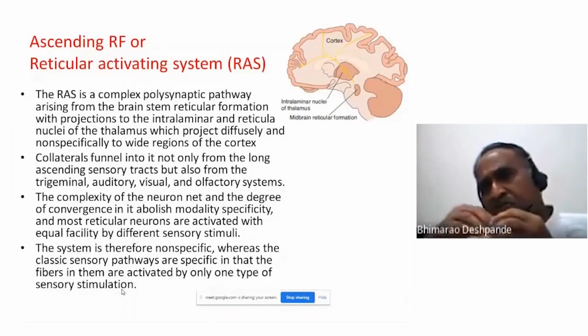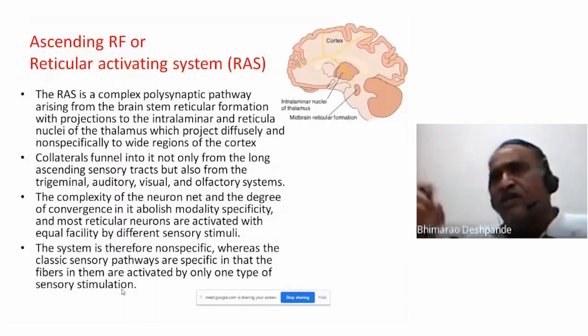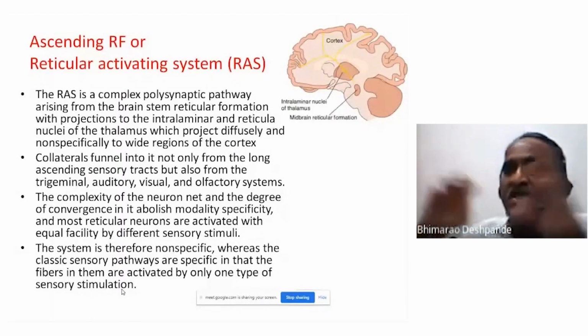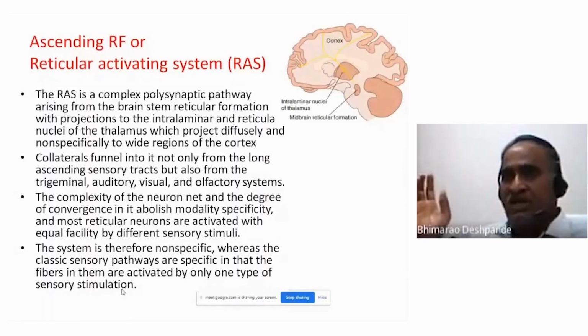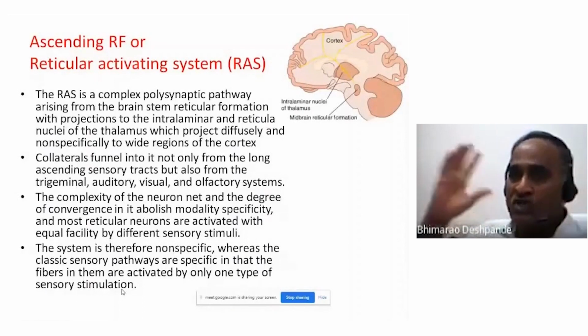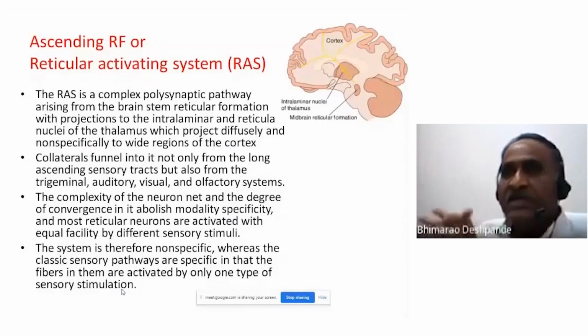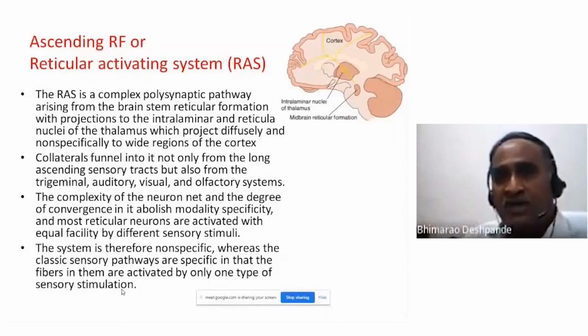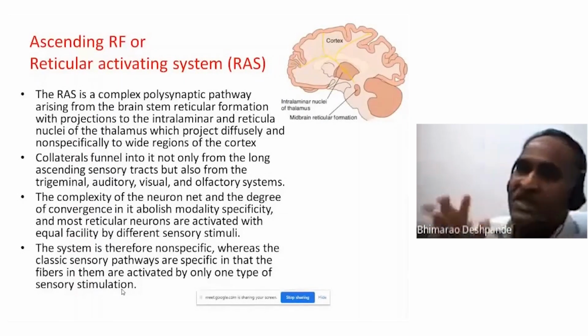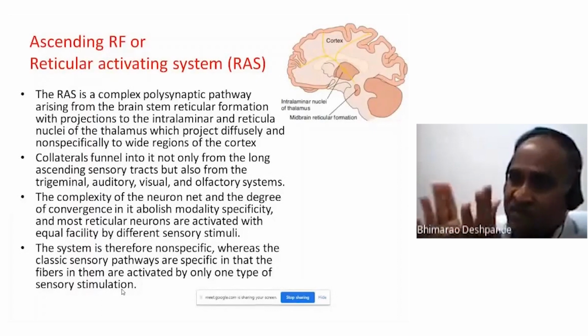Then they project diffusely to the entire cortical mantle and activate all the cortical elements. So for an event, we are focused on a particular thing, and more focus is given to a particular element. If this is missing, you will not get the EEG waves.